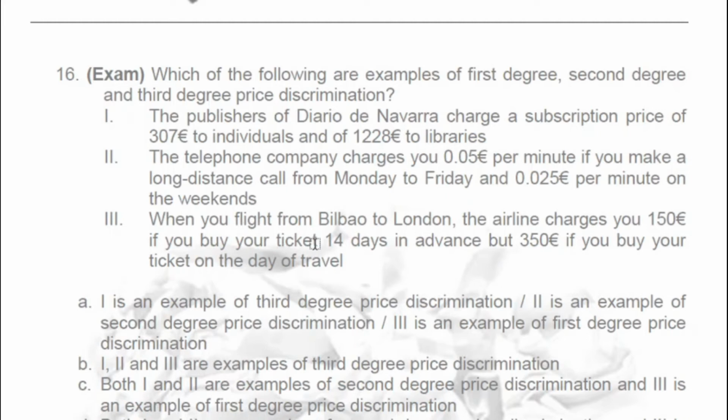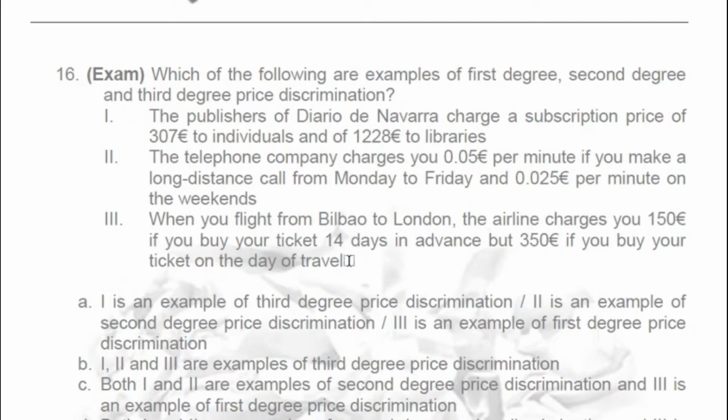When you fly from Bilbao to London, the airline charges you 150 if you buy your ticket 14 days in advance, but 350 if you buy your ticket on the day of travel. This would be a kind of attempt to approximate perfect price discrimination.